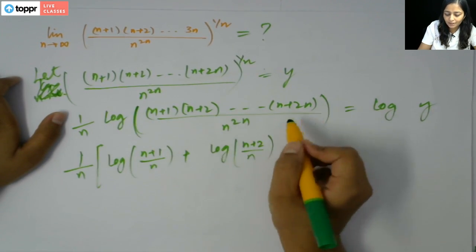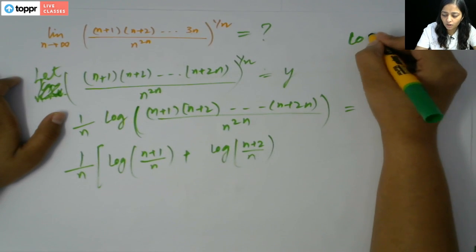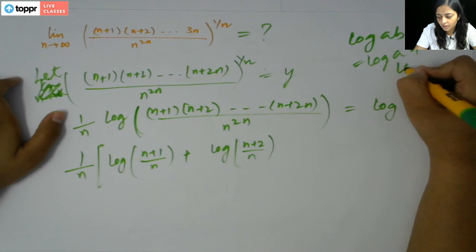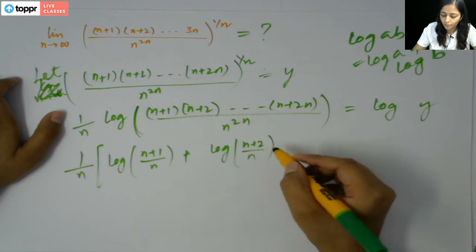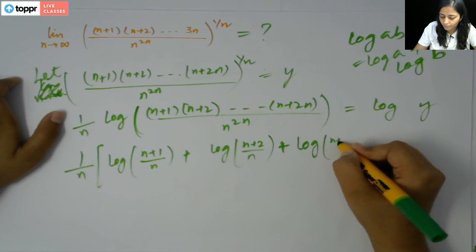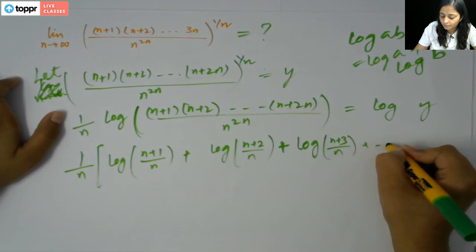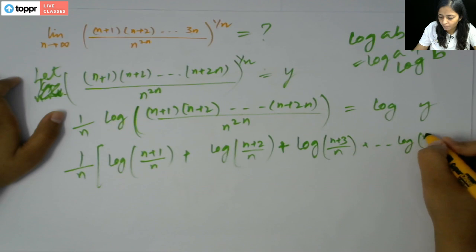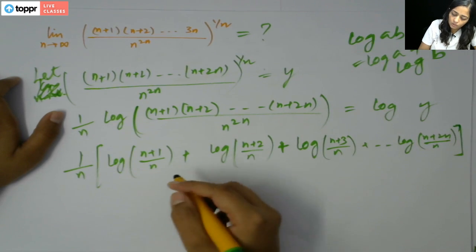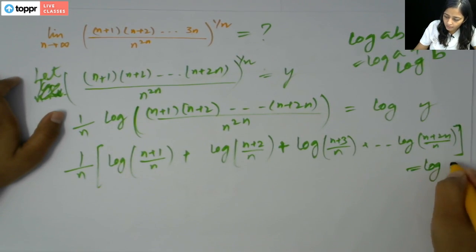Since these are in multiplication, we know that log of ab is always equal to log a plus log b. So by using that property we can write it in the form of a summation, log of (n plus 3) by n, up to log of (n plus 2n) by n, is equal to log y.